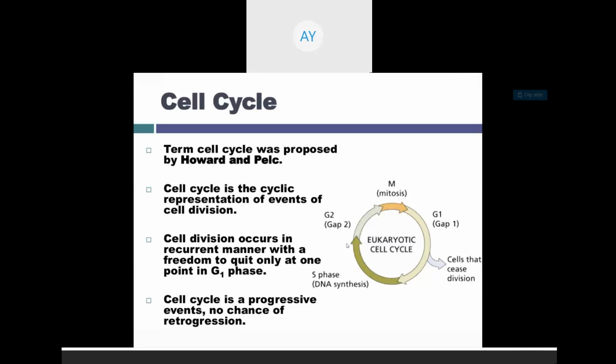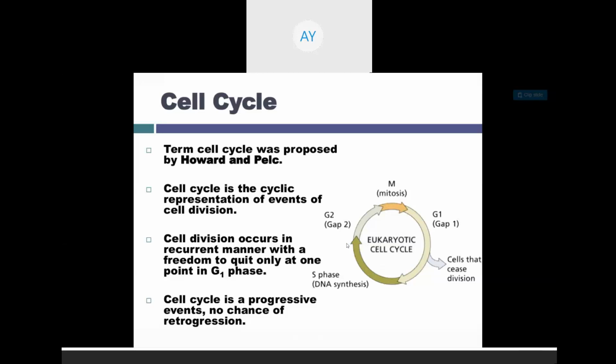So there are some checkpoints whether the cell has prepared those materials or not. If it has not prepared those materials, then it cannot enter into the mitosis or division phase.